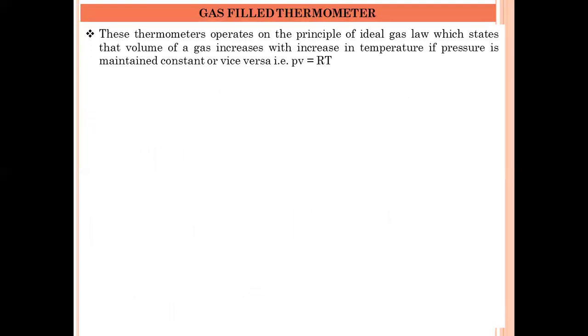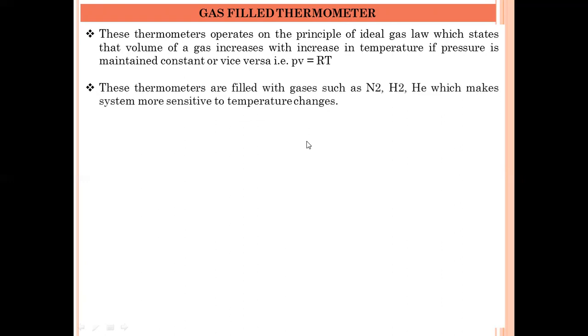Gas filled thermometer. The gas filled thermometer operates on the principle of the ideal gas law, which states that the volume of a gas increases with increase in temperature if pressure remains constant, or the pressure of the gas increases with increasing temperature if the volume remains constant. That is the ideal gas law, given by PV equals RT.